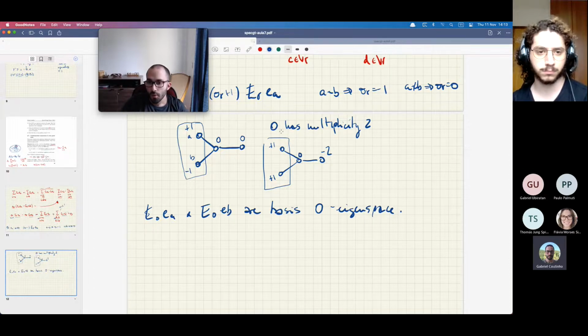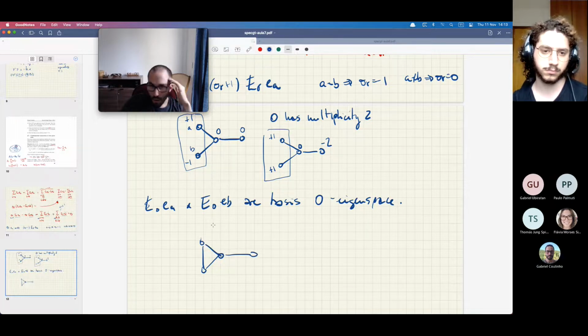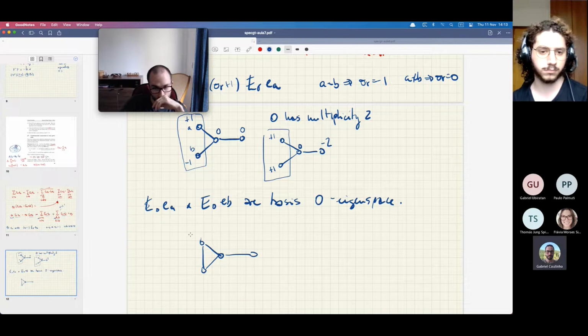All right, and if there is a connection here, so they're not neighbors, right? Good. And if the graph looks like this, then what do I have?